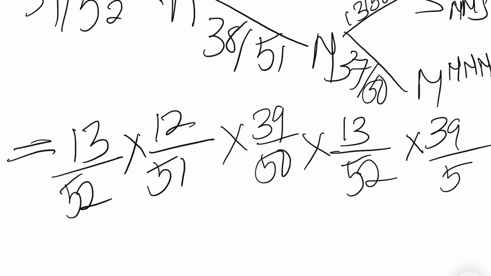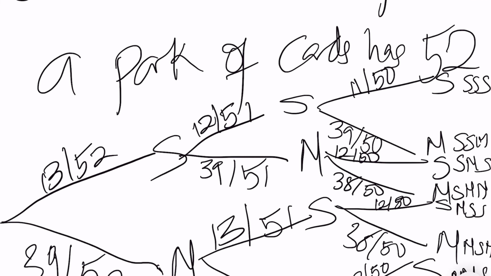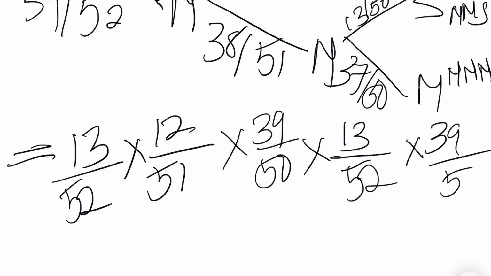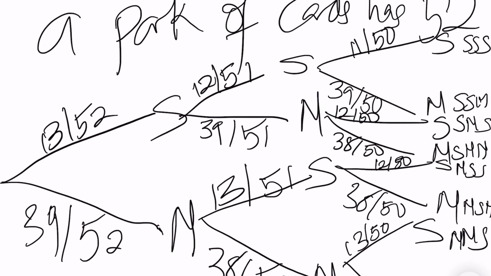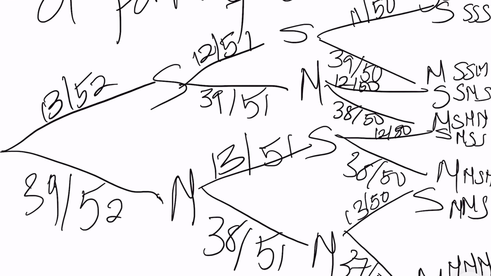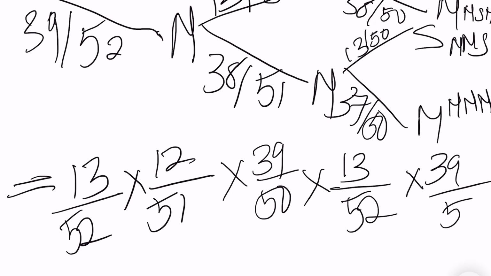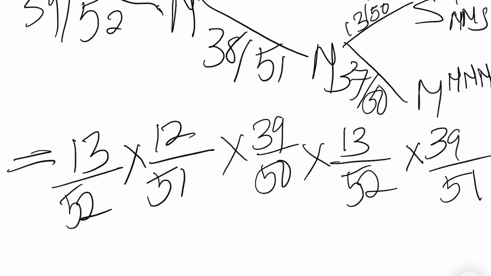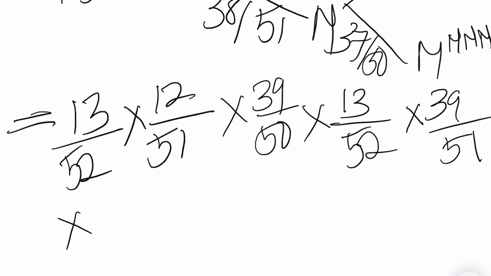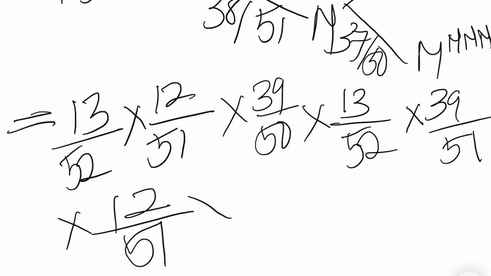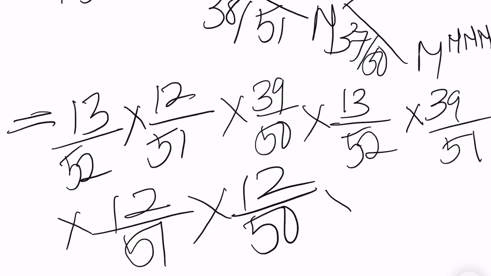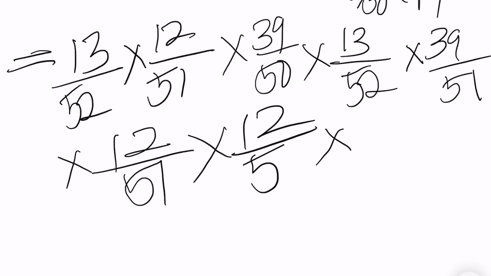So we pick this first part, 1, 2, 3, then we pick again 1, 2, 3. So 39/51 times 12/51 times 12/50 times 39/52.